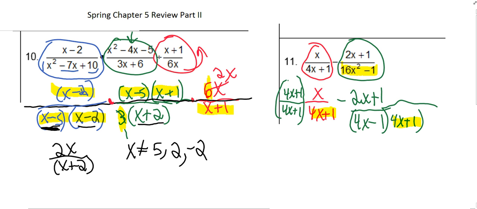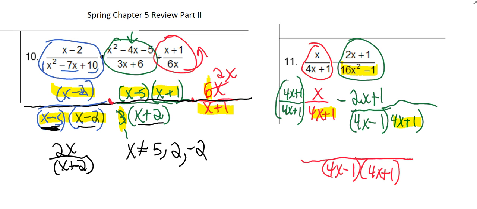So let's look at what the result of the new red fraction is. Well, first of all, the denominator is common, so we can simply write it one time. And looking at the new numerator up here, we have 4x plus 1 times x, so we have to distribute that x to it.